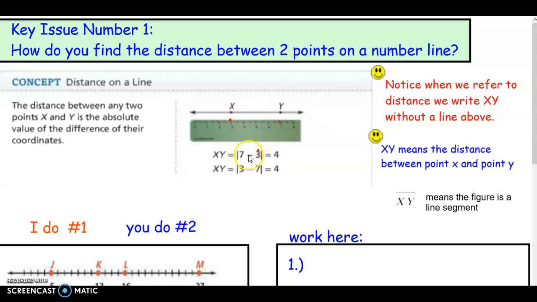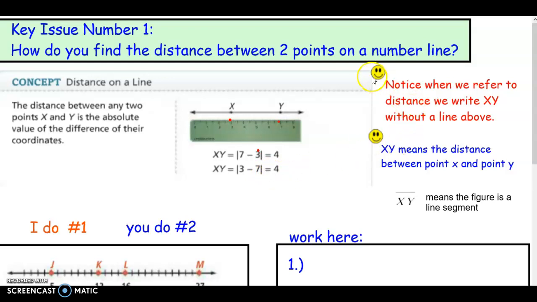If I say 7 minus 3, big minus small, I get 4, and the absolute value of 4 is 4. If I do the small number first and subtract the big number, I get 3 minus 7, and that's -4. But it's the absolute value because I'm looking for distance. The absolute value is 4. So I get the same answer.